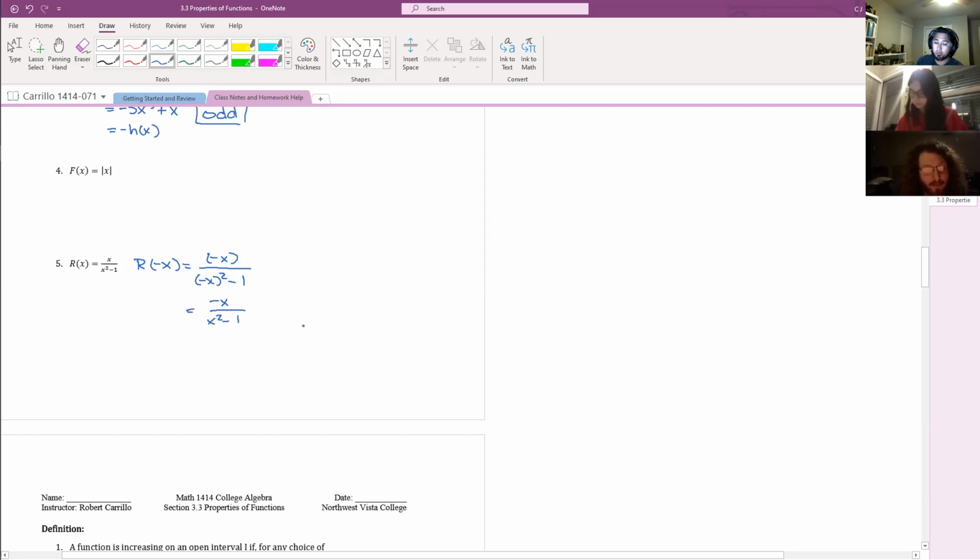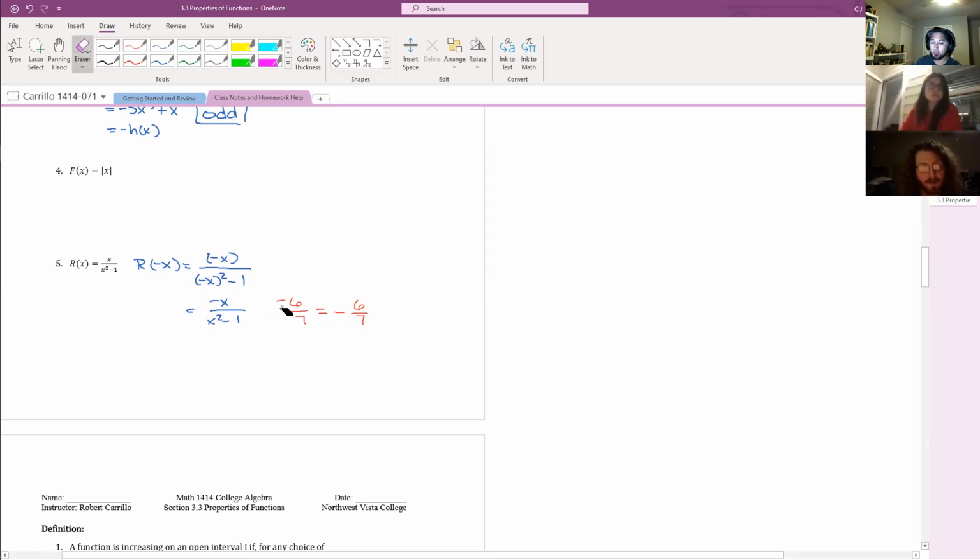Now, you may have seen before if you had a fraction like negative 6 over 7, you may have seen this written like this, -6/7 with the negative sign out to the side. When you do that, just make sure that you're careful about how you change the signs.